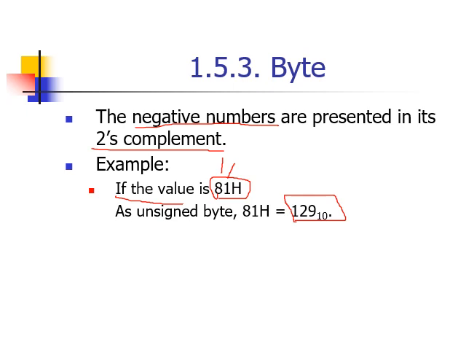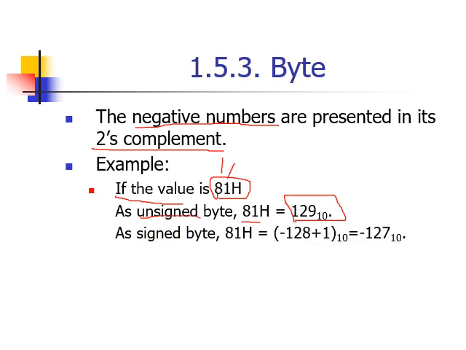But if you treat it as signed, you will get the weight of the most significant bit, which is 1 0 0 0, and then 3 zeros and 1.